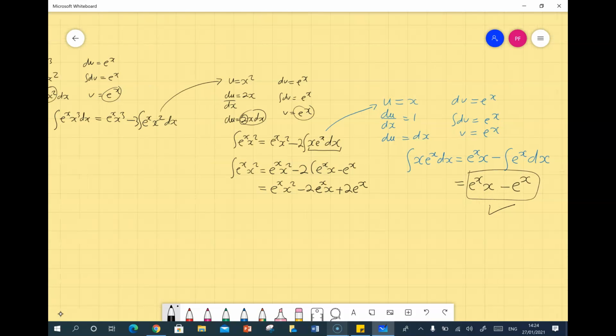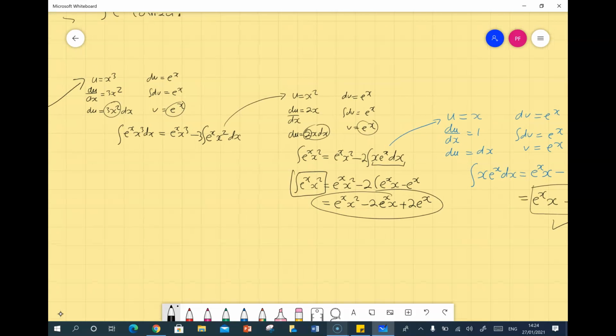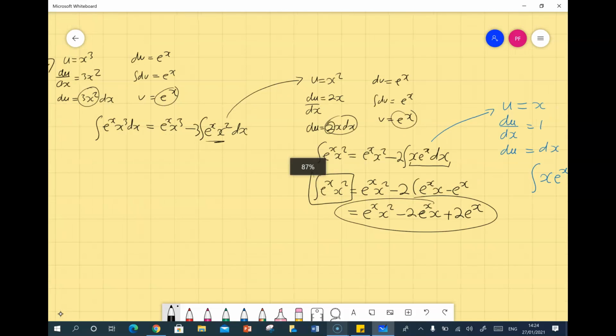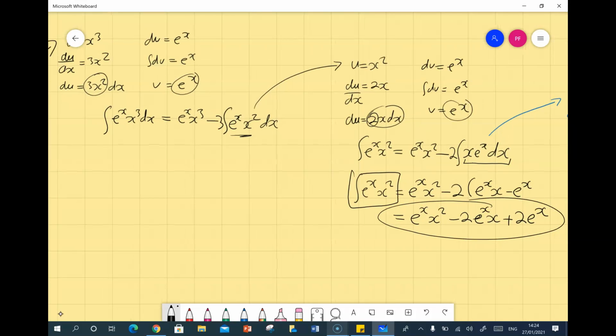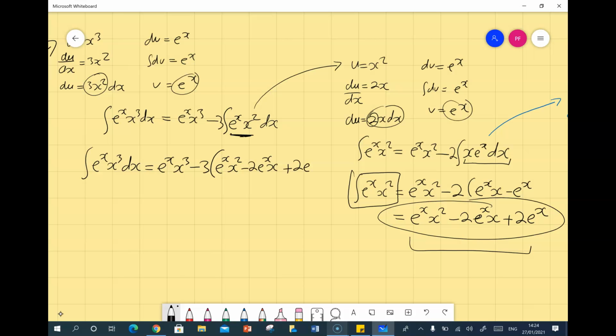Okay, now we carry this back. That was the integral of e to the power of x, x squared, which is this here. So I've got my integral of e to the power of x, x cubed dx is equal to e to the power of x, x cubed, minus 3 times the integral of e to the power of x, x squared, which is the following: e to the power of x, x squared, minus 2e to the power of x times x, plus 2e to the power of x.